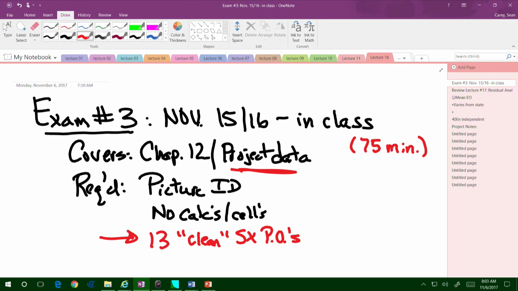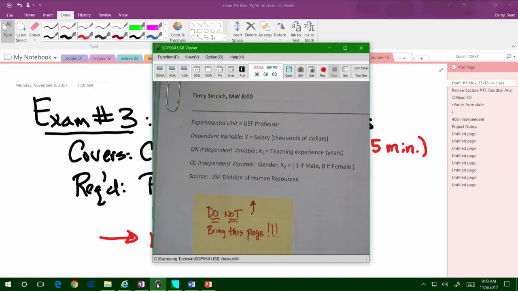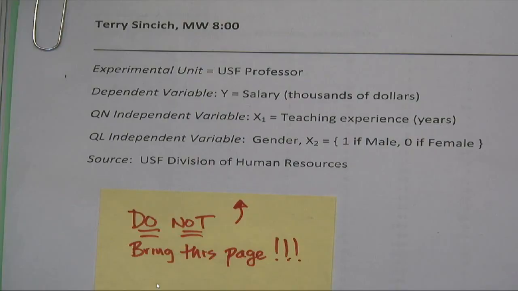And one thing I need to point out to you, please don't do this. I'm going to switch over to the overhead camera real quick here. Do not bring in this printout. That is the one that you turned in for bonus points, the one that describes your data. That was to help us give you feedback. We had to know what you were doing, what you were predicting, what your experimenting was, and so on, to see if everything made sense.